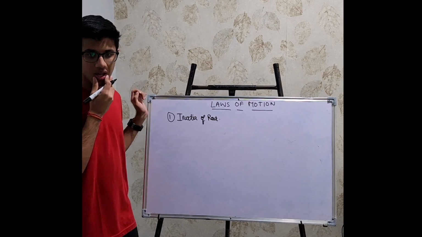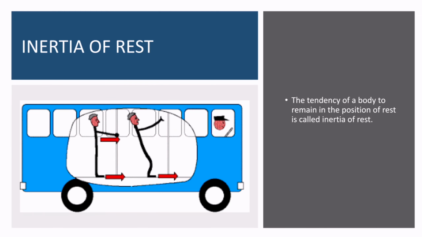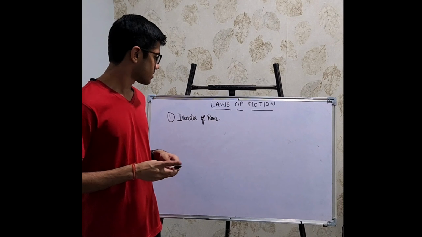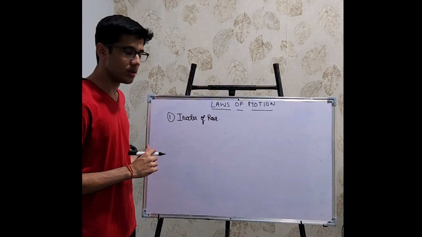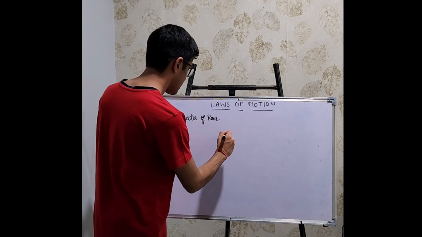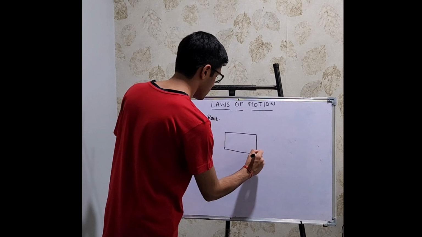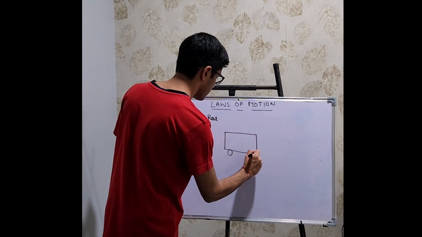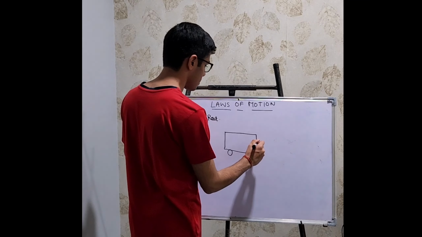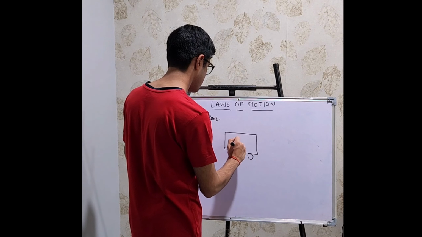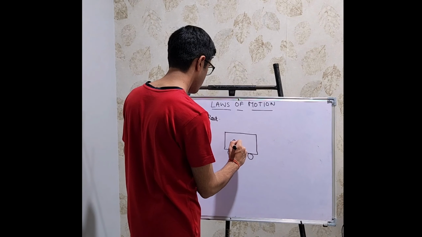Now what is inertia of rest? It is the tendency of a body to remain in its position of rest, and that is the inertia of rest. Let us understand this by an example. Let us say that there is a bus and it has just one passenger inside it.